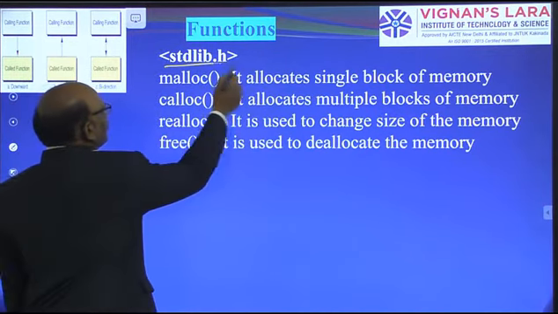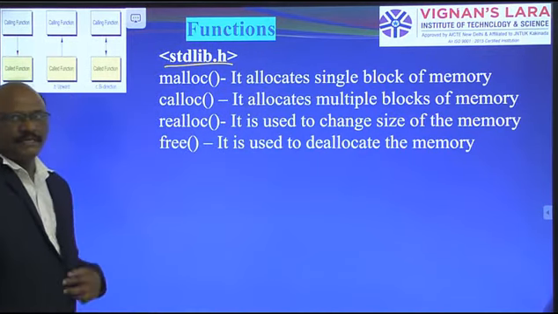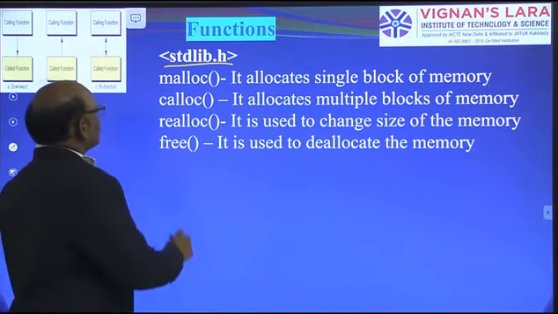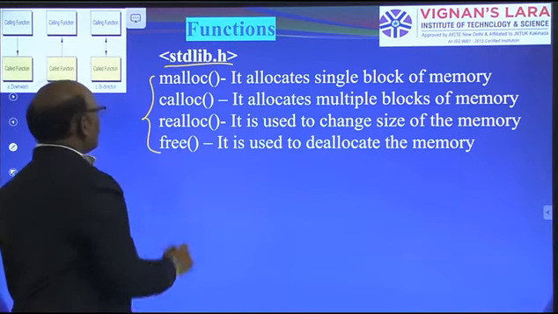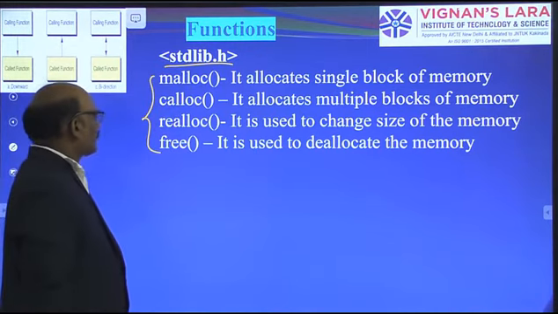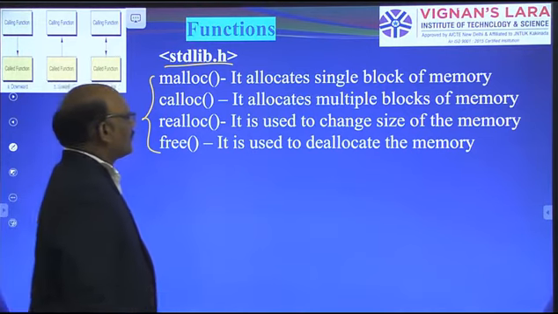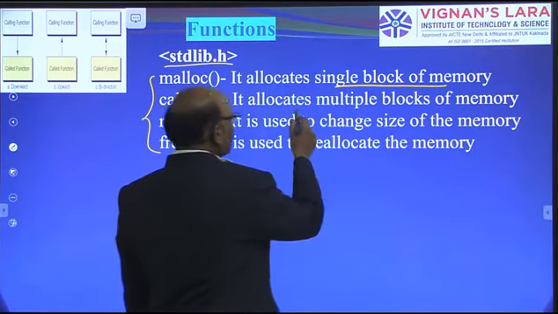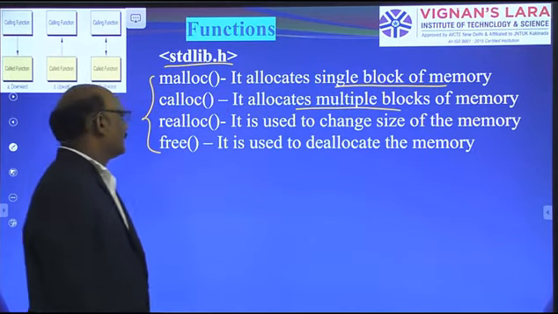Next, stdlib.h, the standard library header. This consists of library functions like malloc, calloc, realloc, and free. Malloc allocates a single block of memory. Calloc allocates multiple blocks of memory.